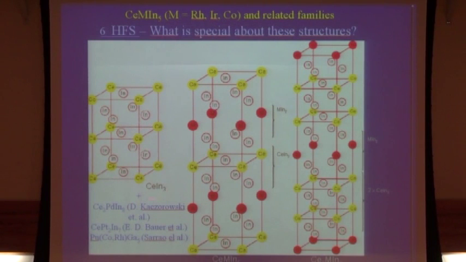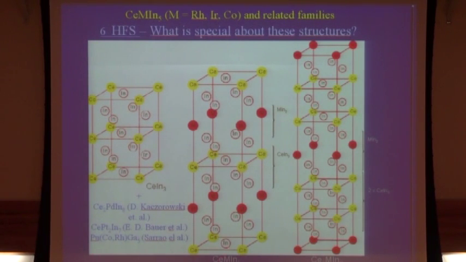We have a 103, which is a cubic compound. And we have a 115 with a transition metal M that can be rhodium, iridium, or cobalt, and indium 5. And you have a 218, that is 2 cerium, transition metal, 8 indium. So it's 103, 115, 218. I want you to keep that in mind and to remember that the cerium indium 3 is cubic.